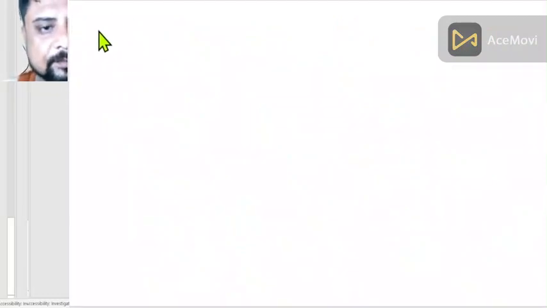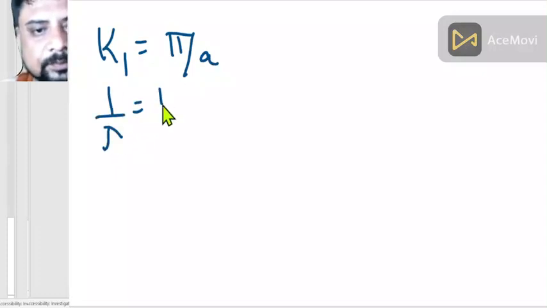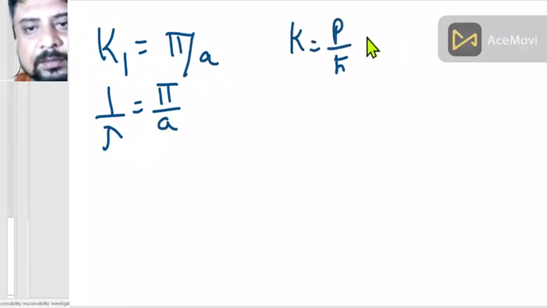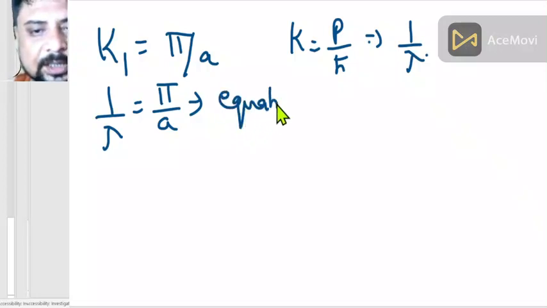Now we will come to more interesting things in this content. Lowest energy, or ground state. Now see, again a very interesting situation is coming here. K1 is pi by a, and what is K? K is 1 by lambda.